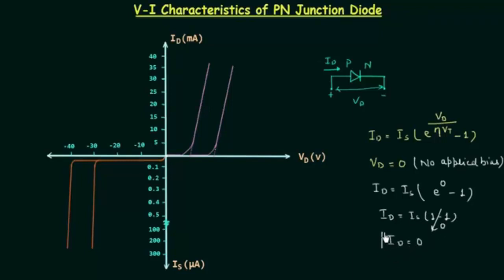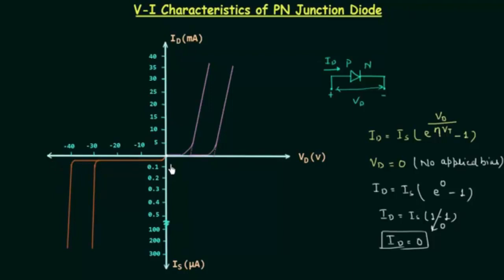So this is what we have when the voltage across the diode is equal to 0. The diode current is also equal to 0, and thus we have diode current equal to 0 when VD is equal to 0.